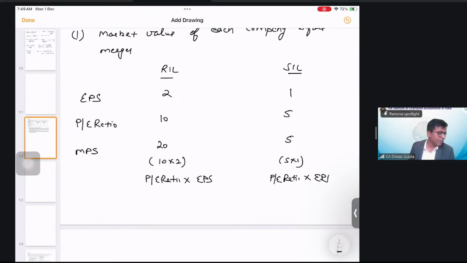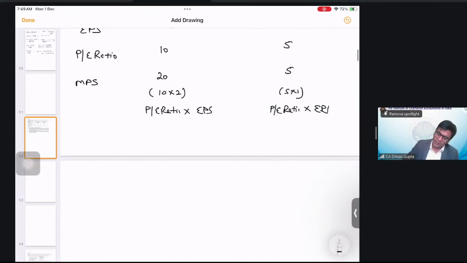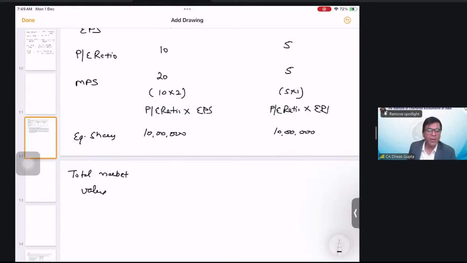So this way we calculate the market price per share, and then we have the number of equity shares, which is 10 lakh and 10 lakh. Right? So the total market value becomes market price per share multiplied by the number of equity shares.